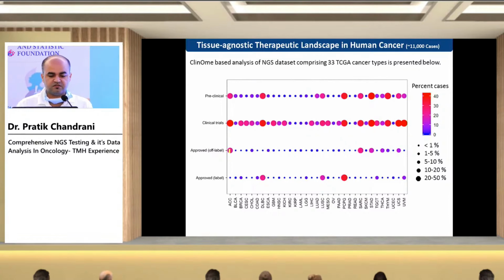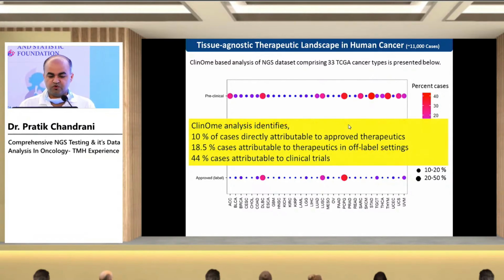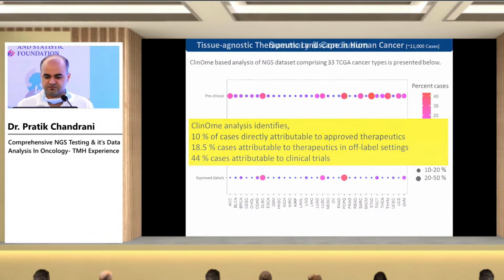When we consider approved and off-label therapeutic considerations, this percentage increases to about 18%. And when we consider ongoing clinical trials all across the globe for precision medicine, roughly about 40% of the patients are directly attributable to one or another therapeutic option. So that gives us tremendous hope in the near future.